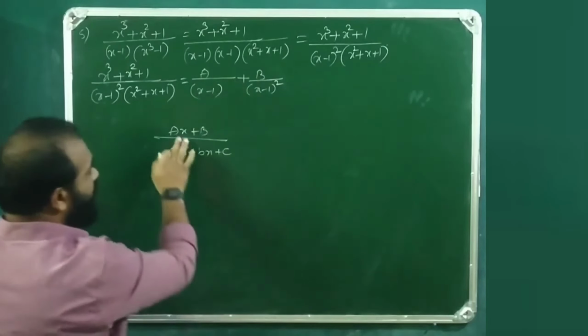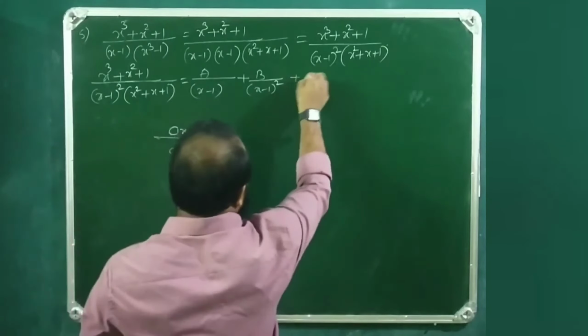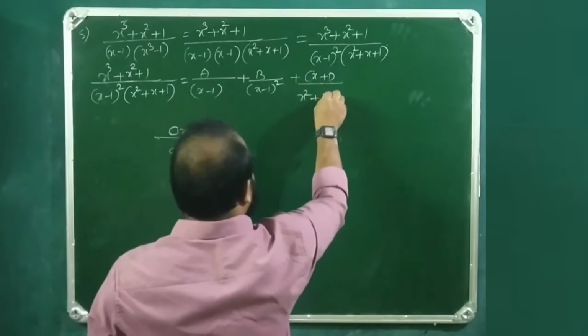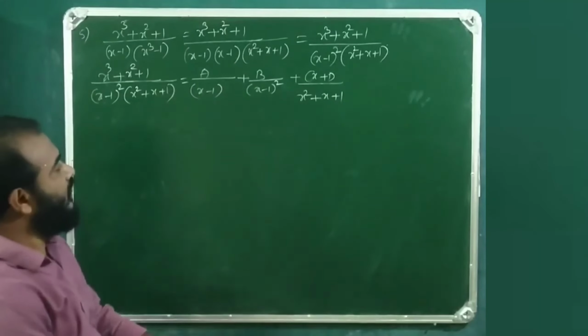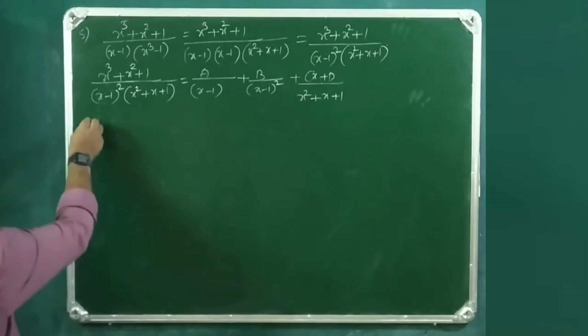Since A and B are used, it is Cx plus D by... So this is (Cx plus D) by (x square plus x plus 1), where A, B, C and D are to be determined.